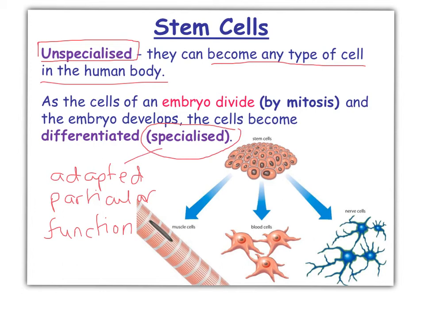A sperm cell has a tail. That's what we mean by differentiated. So unspecialised cells are part of the embryo. We call these stem cells or embryonic stem cells. As the embryo develops, some of these stem cells will go on to specialise to become different types of cell.